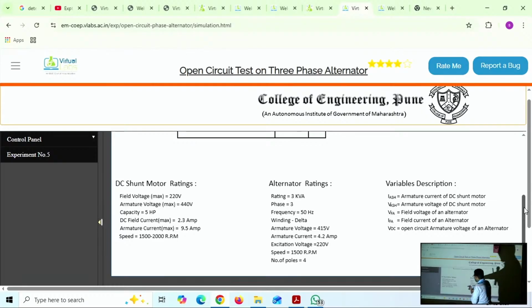Motor rated power is 5 HP and alternator rating is 3 kVA. Are they the same? What is it in kVA? What is causing the difference? 5 HP is not equal to 3 kVA. Why?